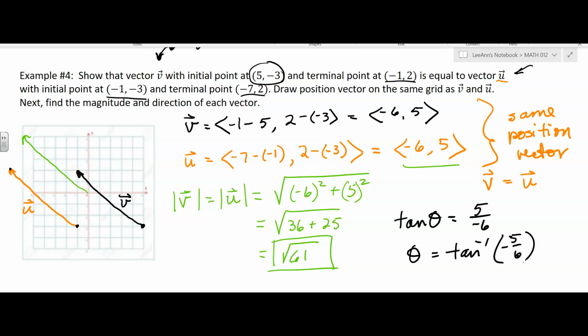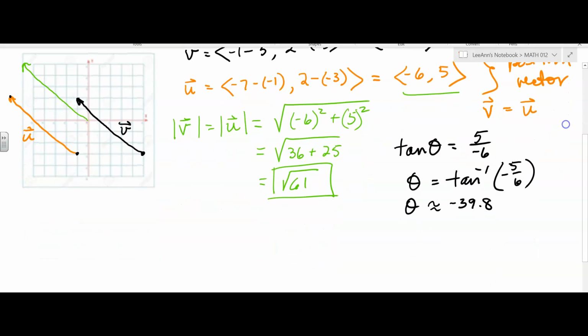Oh man, I'm in radians. Let me go to degrees. That all happens to us at some point. Okay, I'm in degrees now. Inverse tangent of negative 5 divided by 6, and we get theta approximately negative 39.8.